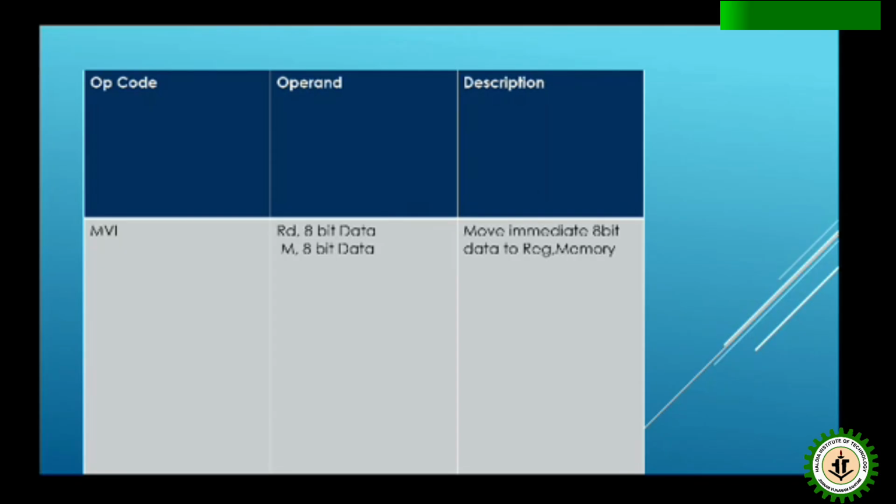M is called memory. Memory register, it is a dynamic register. When I discussed general purpose registers, I discussed these registers BC, DE, HL. BC is a register pair, DE is a register pair, HL is also a register pair.